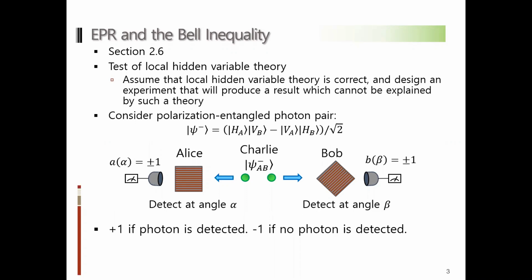The typical theory we believe is called the Copenhagen interpretation. But there was also another group of people who believe in the local hidden variable theory. The idea behind the local hidden variable theory is that the quantum state is already predetermined in advance.